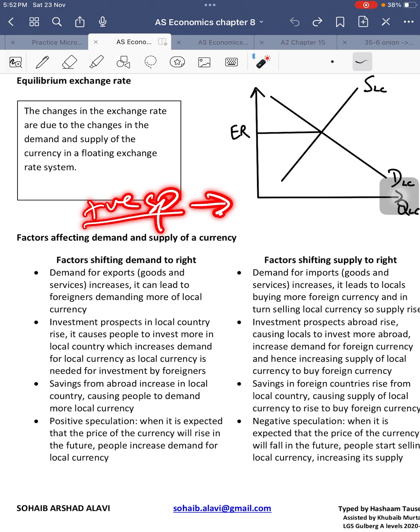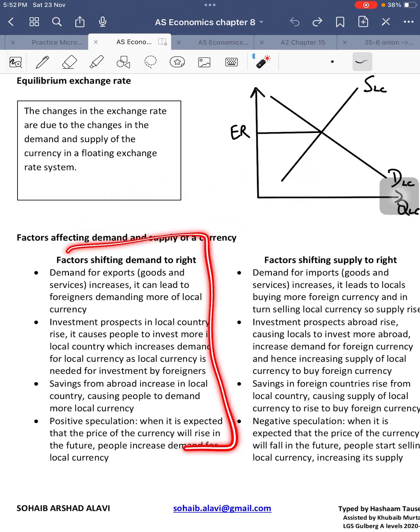So positive speculation is expecting the exchange rate of the rupee to rise. As a result, we increase the demand for the local currency. We want to buy the local currency so that when the price reaches its peak, we can sell it. So the demand for the local currency rises. These are factors that cause a shift in the demand for the local currency.